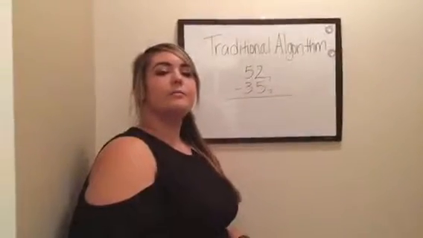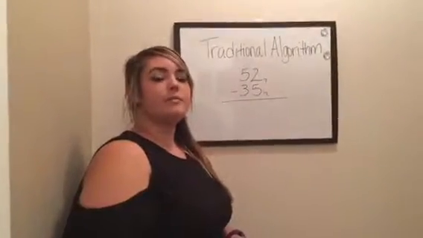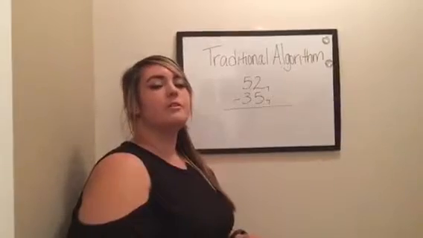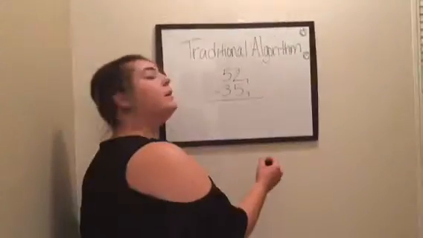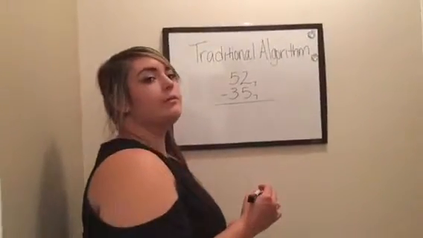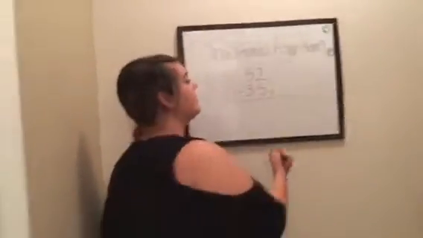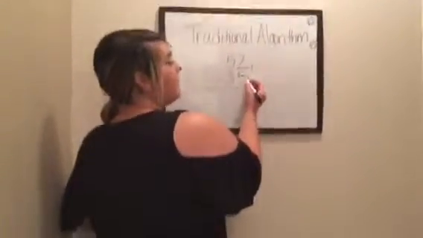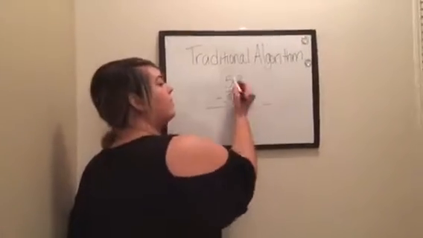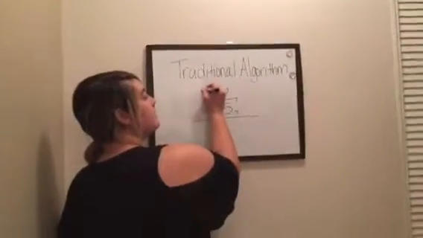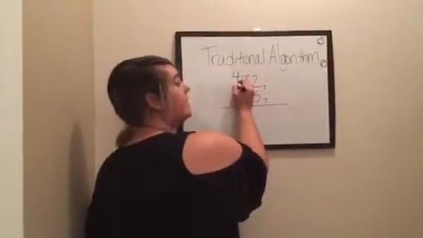In this example, we're going to be subtracting two numbers with base 7 by using traditional algorithm. In base 7, remember, we regroup at 7 instead of 10. 2 minus 5, since we can't do that, we have to borrow, which makes this 4 rods instead of 5.